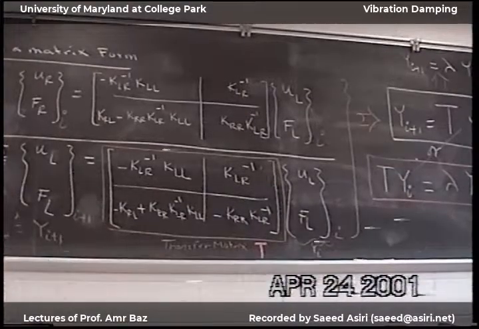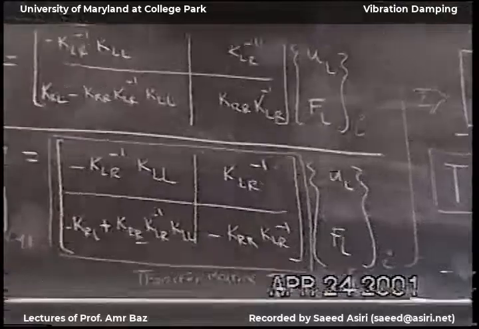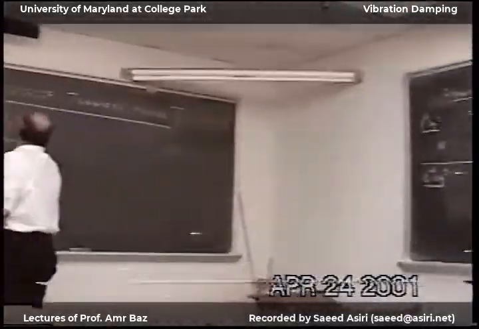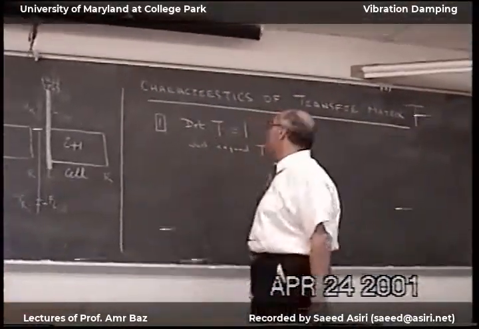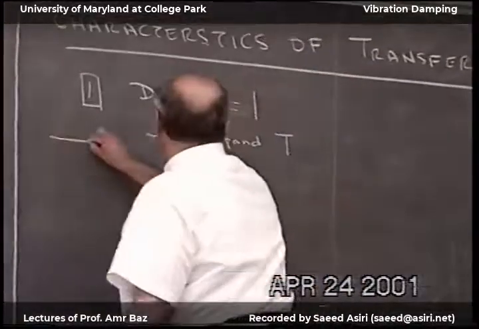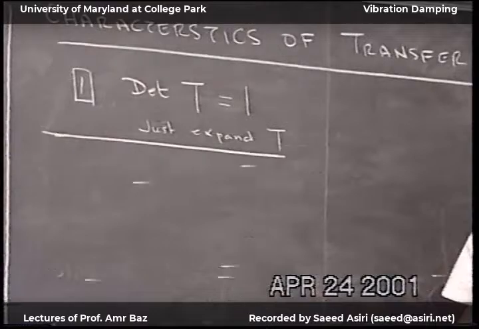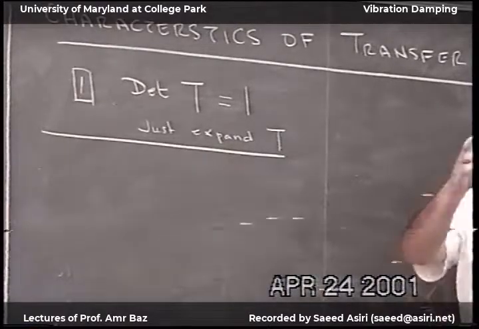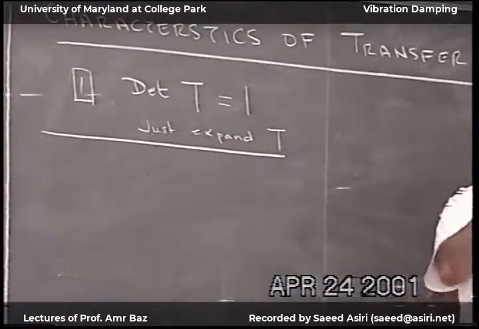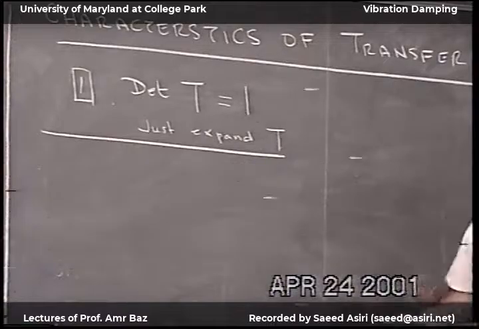Okay? And we'll just expand T to get the proof. In the case of beams, this is a 4 by 4 matrix. The result will be identity, its determinant is equal to 1.